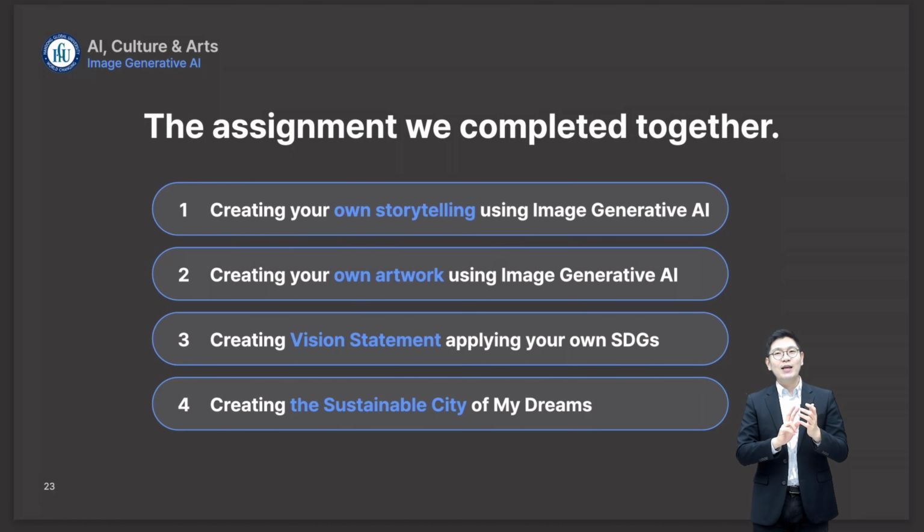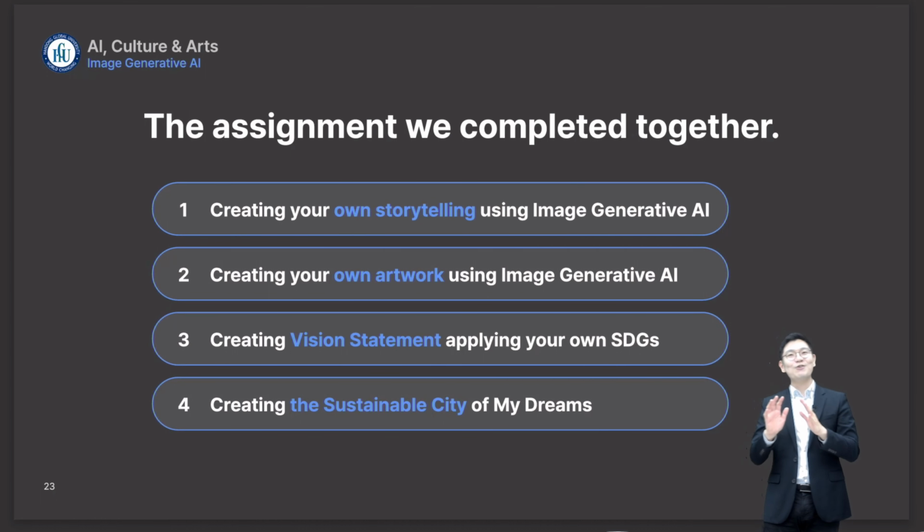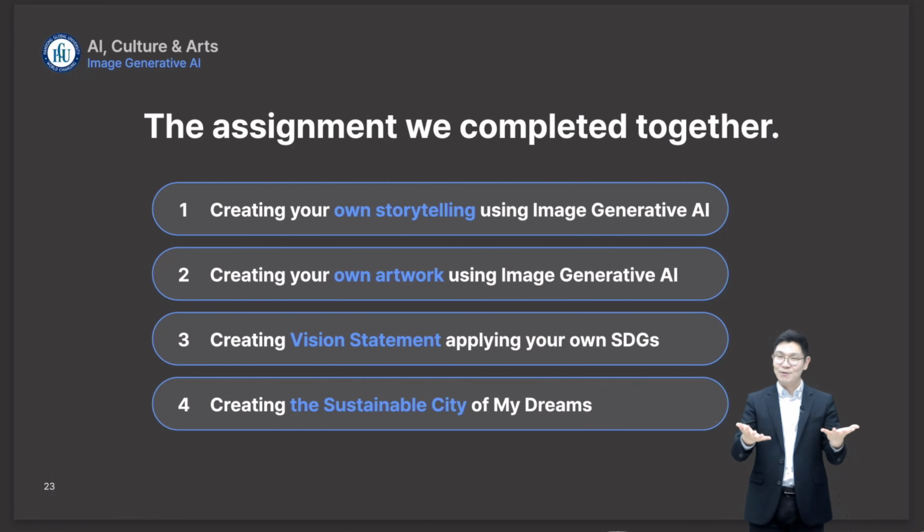Thirdly, there was creating a vision statement applying your own SDG. For example, Sustainable City number 11 was a really good example, making a good statement. Lastly, we drew our dream city, known as the Sustainable City. So please get back to all the generative AI skills.